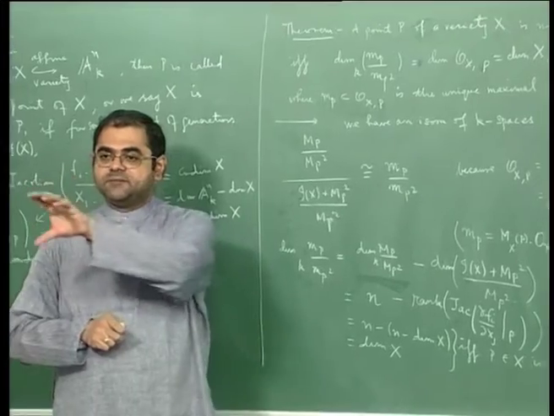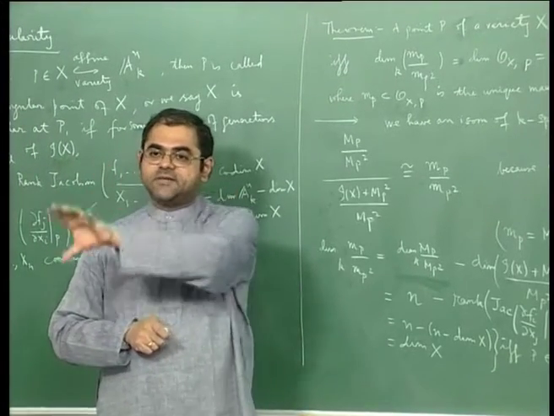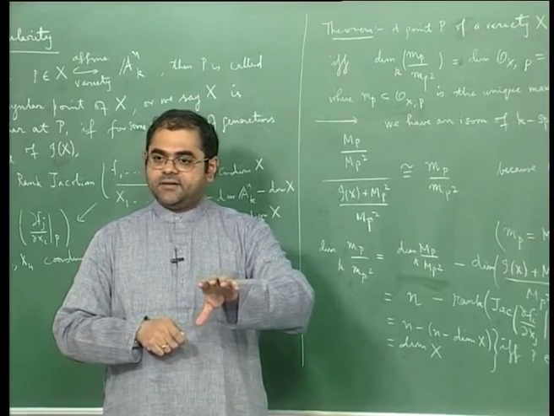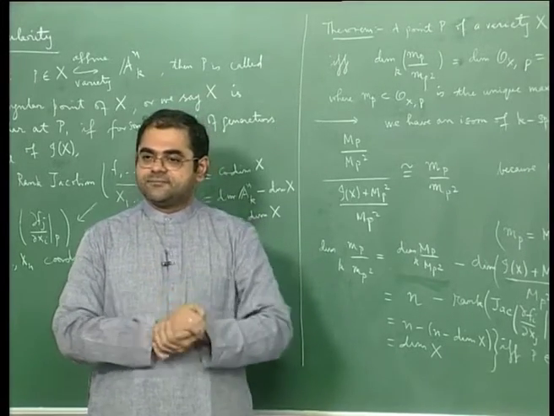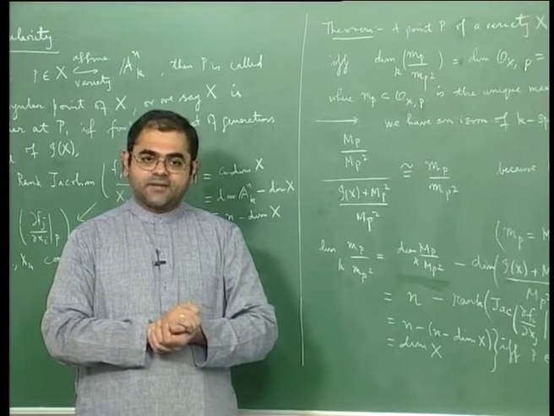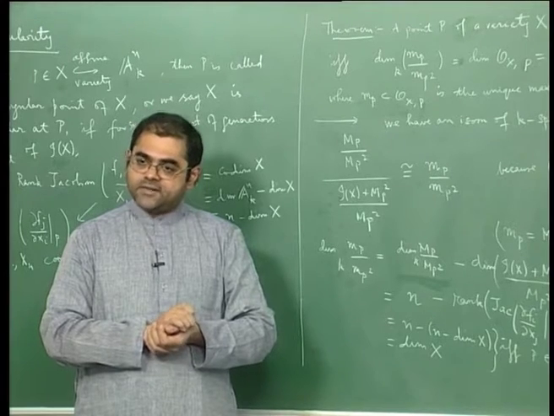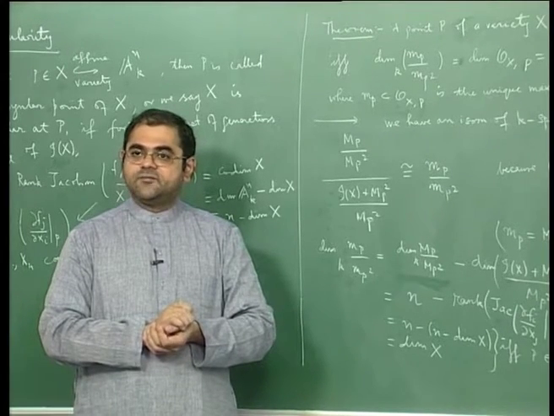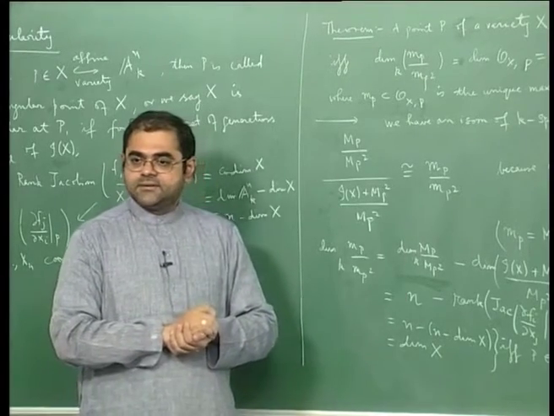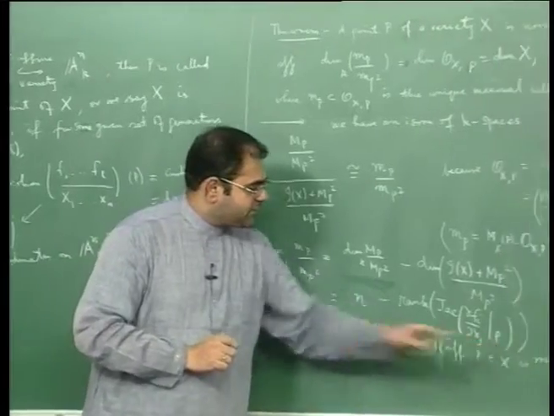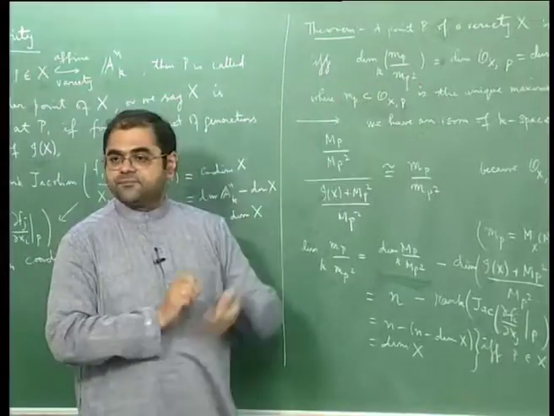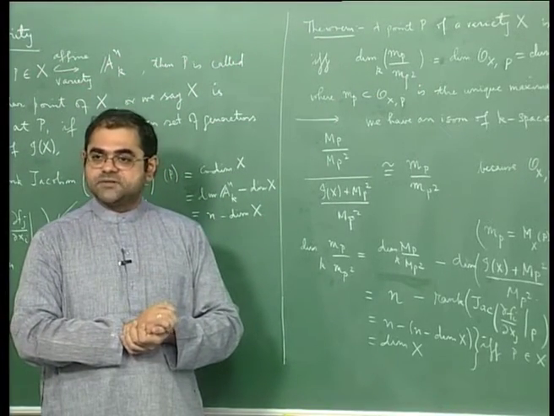You take all the maximal square minors of the matrix, and their determinants should vanish. If all the maximal square minors vanish, at that point the rank has to fall, and only at such points will the rank fall, and therefore that is a closed subset. So this argument tells you that the set of all singular points P is a closed subset of X, okay.